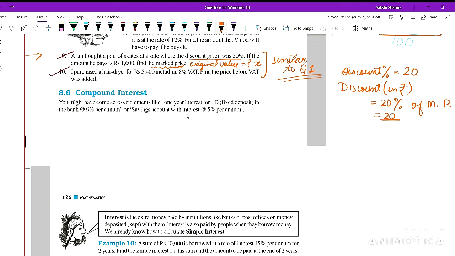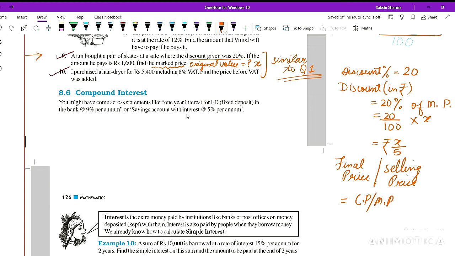So 20% of X, this will be X by 5, and this will tell me what will be the final price. Final price, or the price at which the skates were sold. So the cost price, or what we call the mark price, minus the discount.